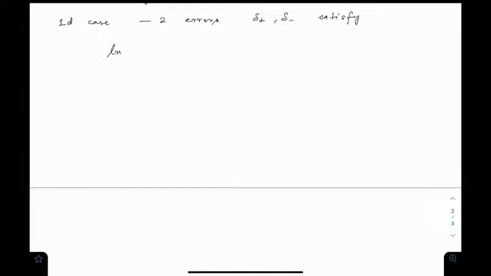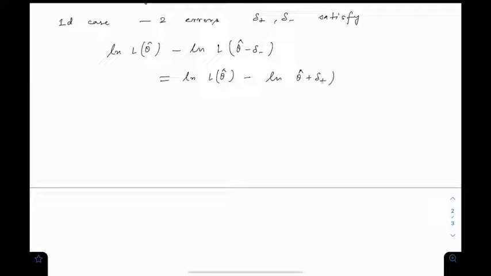So the log likelihood determined at the estimate, the maximum likelihood estimate, minus the log likelihood at theta minus delta minus is equal to, again, the log likelihood at the MLE minus the log likelihood of theta plus delta plus. Both of these should equal half.